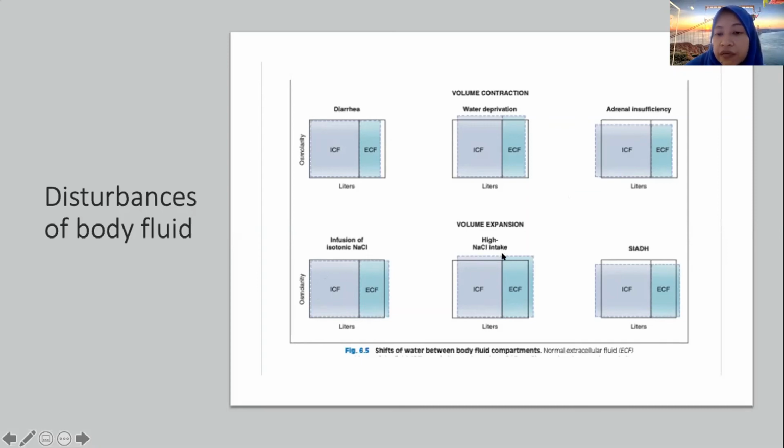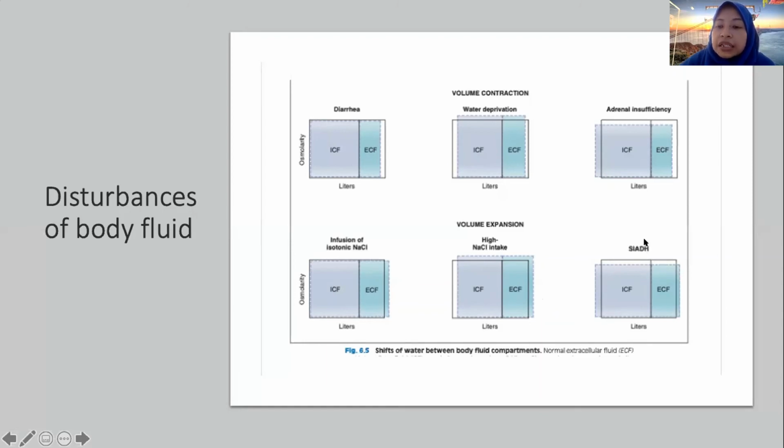When you take a lot of sodium chloride, for example salty food, there will be an increase in the osmolarity of the ECF. What happens is that the water in the ICF will tend to move into the ECF until it reaches equilibrium in terms of the osmolarity. Therefore, you will see that in the ECF there will be volume expansion.